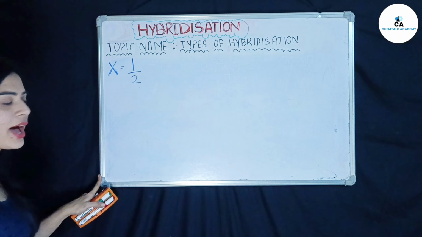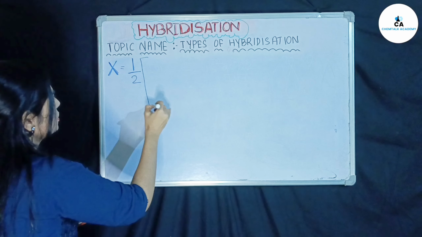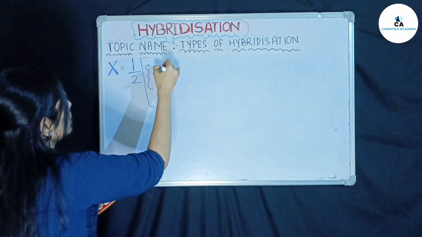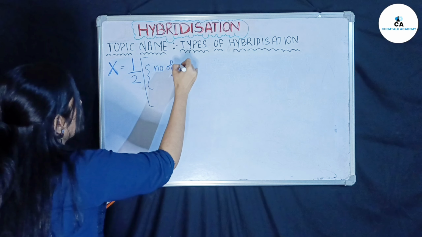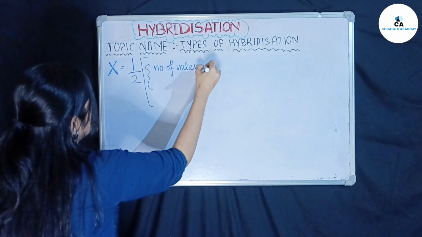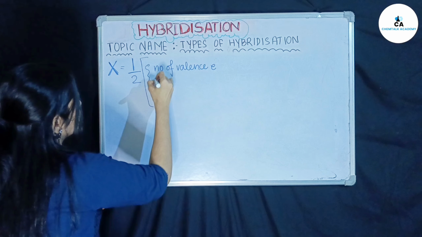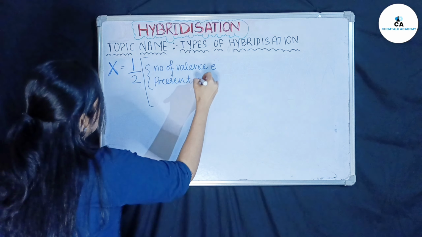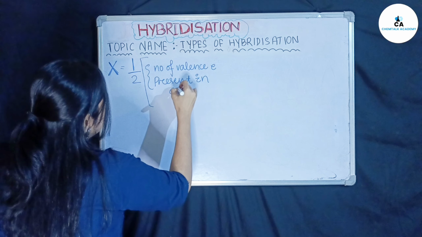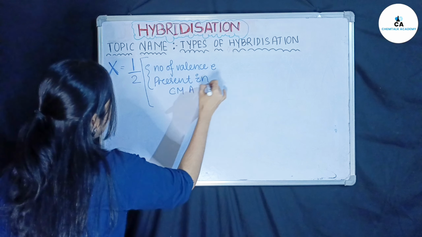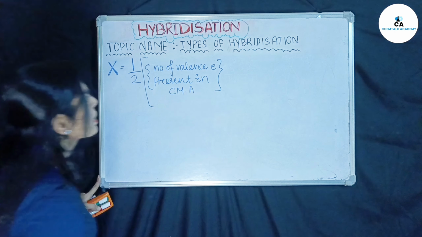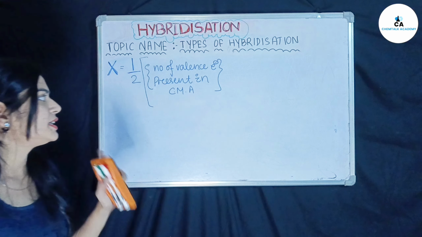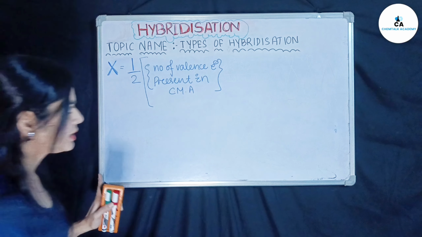X equals half into first one, number of valence electron present in central metal atom, CMA, I am writing it shortly. Okay, number of valence electron present in central metal atom.